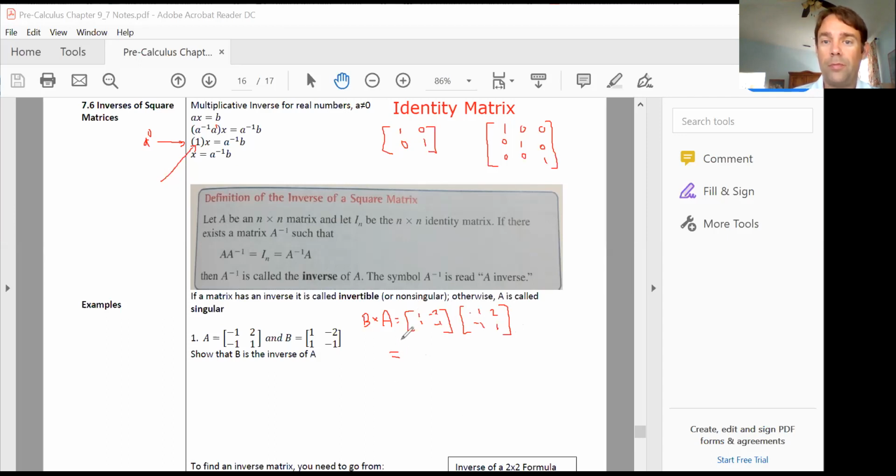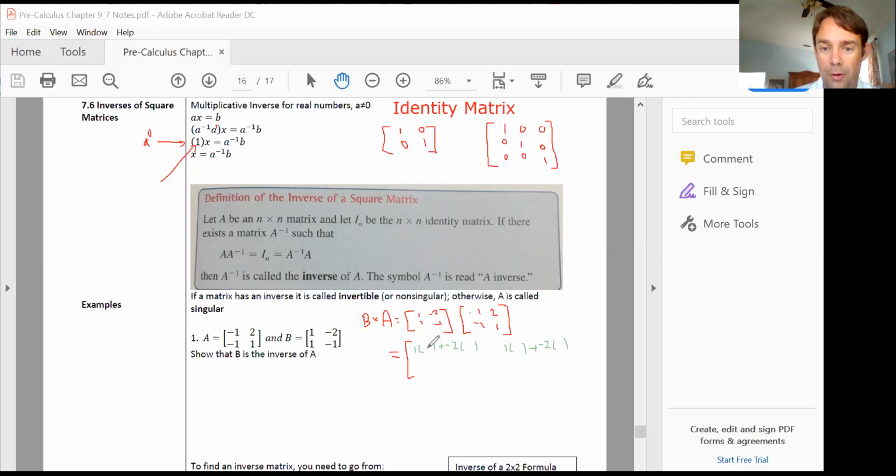So let's see here. My row of my first one, I have a 1 and a -2. And there are 2 columns, so I'm going to write this twice. And again, you guys are expert multipliers now, so you know exactly how to do matrix multiplication.